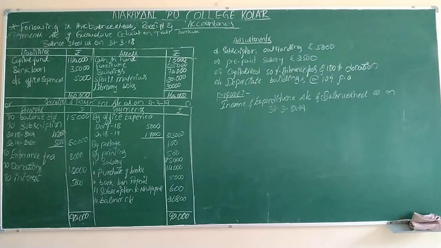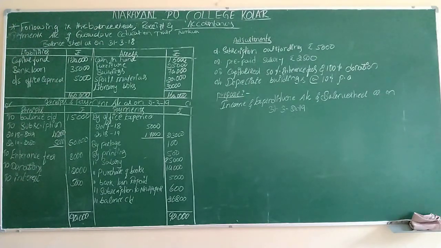See, on the receipt side subscription is given, and on the payment side subscription to newspaper is given. Whenever subscription is on the receipt side, it is an income. Whenever the term is subscription to newspapers, journals or periodicals, and it is on the payment side, we can imagine that it is an expenditure to the organization.